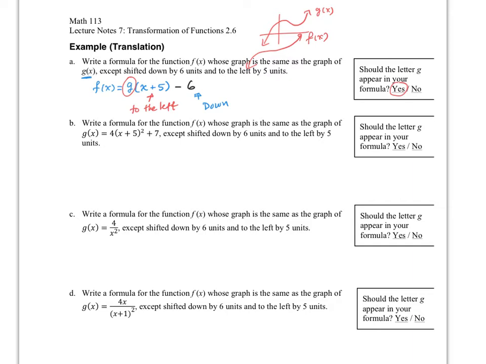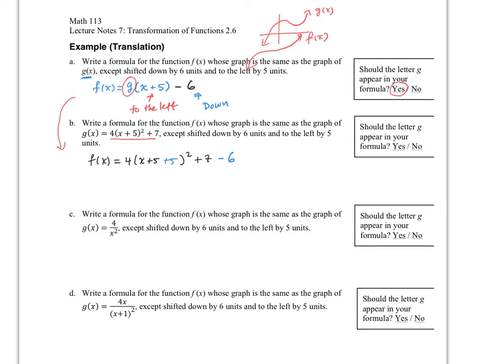Now in part B, now they are specific. They actually tell you what g of x is. So if we use this now that we know what g is, then f of x is going to be 4 times (x plus 5) that you already have there, squared, plus 7. So this is g of x, and then you had to move it 6 units down.